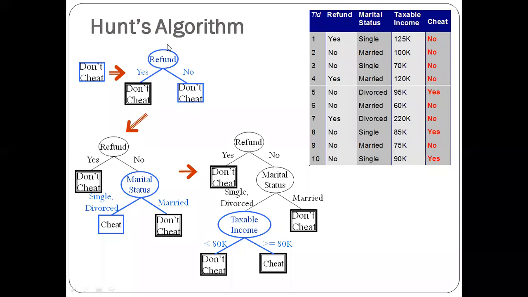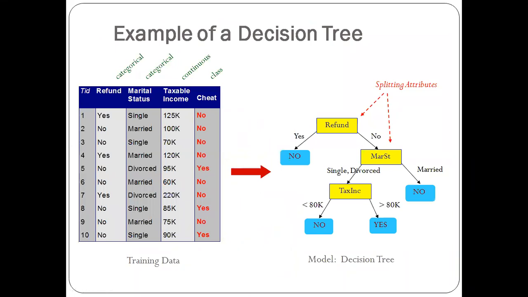The algorithm that we have used here is Hunt's algorithm for building a decision tree. Refund, marital status and taxable income are the splitting attributes. Using these attributes, we split the records into purer subsets.